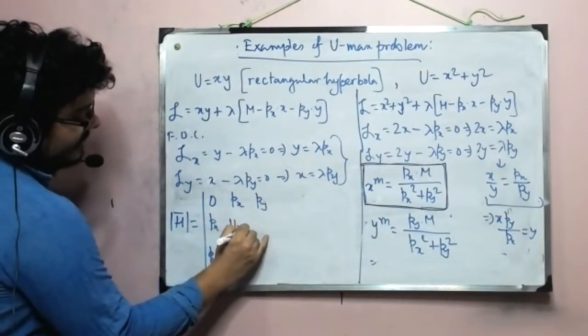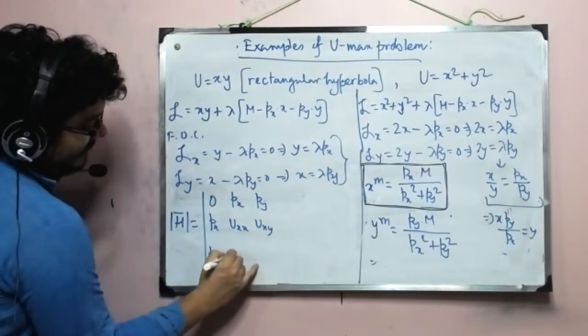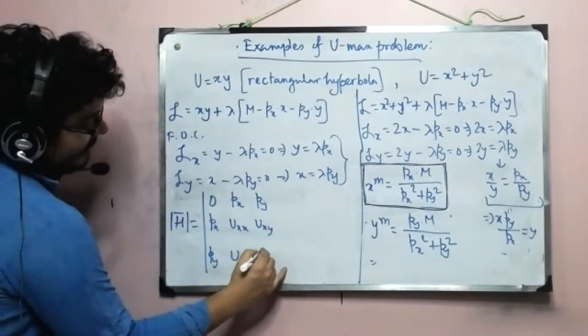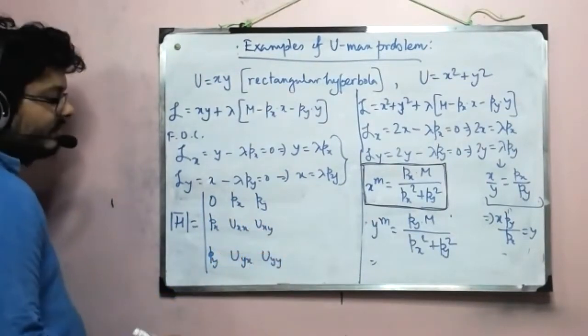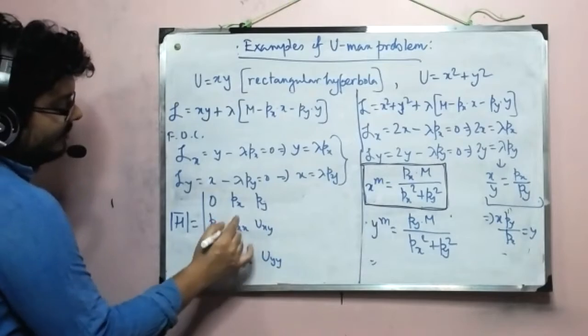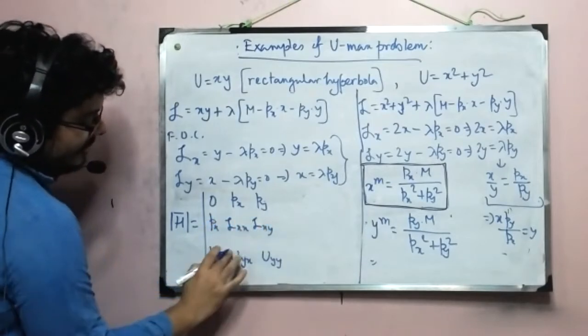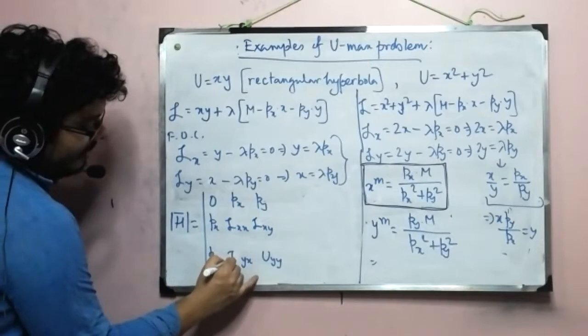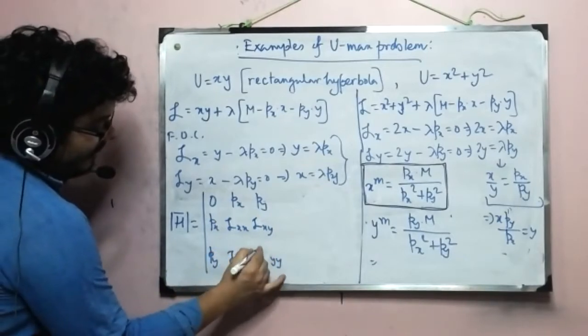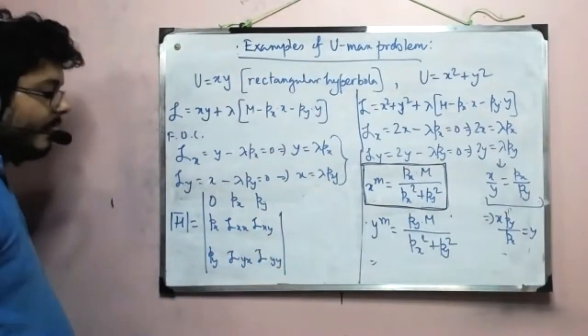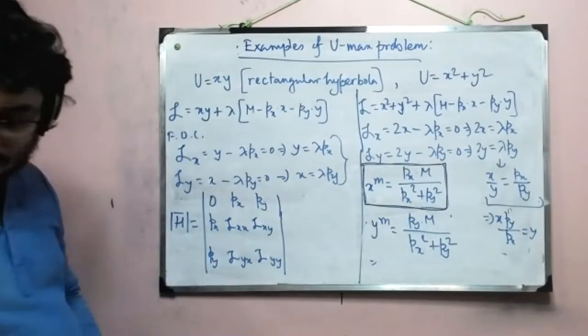Here I will have uxx, uxy, uyx, uyy, and we have shown that instead of writing u, we can write lxx, lxy, lyx, and lyy, right? So it will be this.